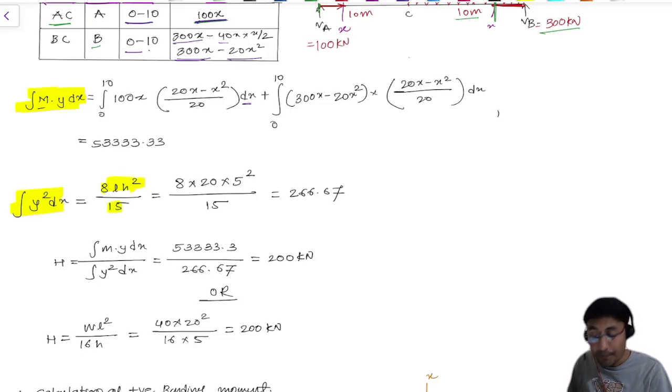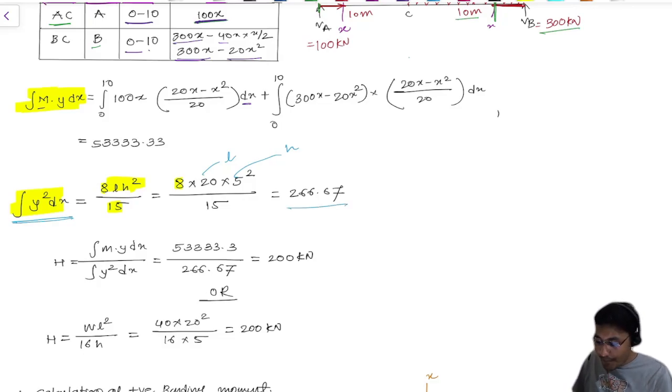So 8 remains as it is. Put L value as 20, this is the L value, and this h is the 5 which you have mentioned here, and 15 is the standard constant. So you will get integration of y square dx as 266.67.